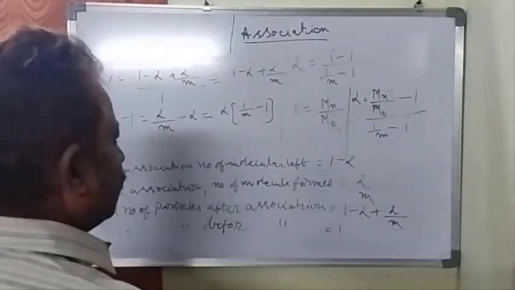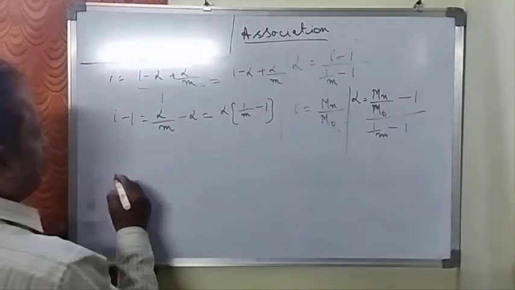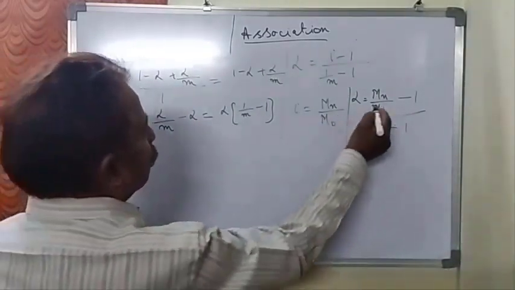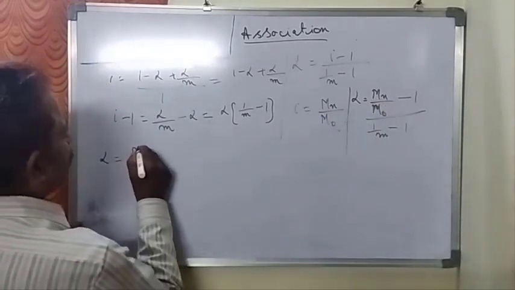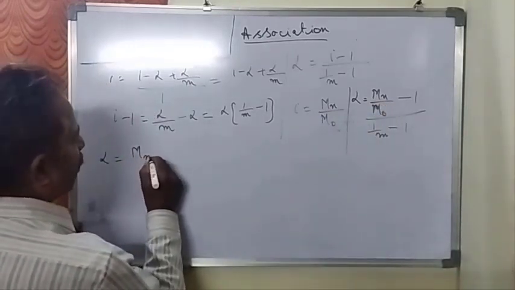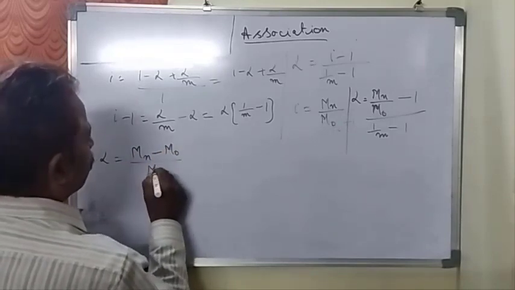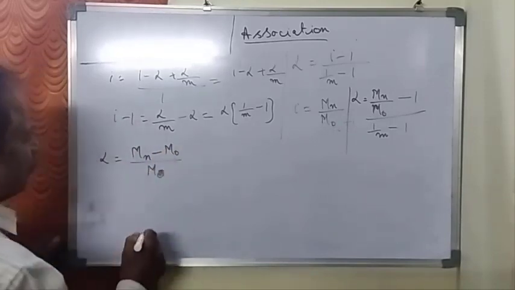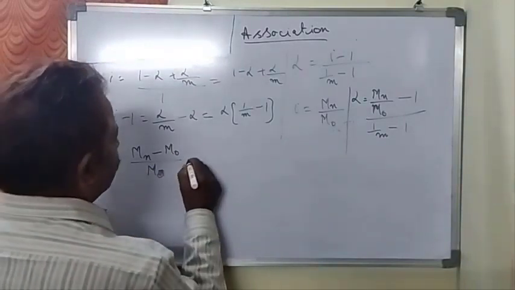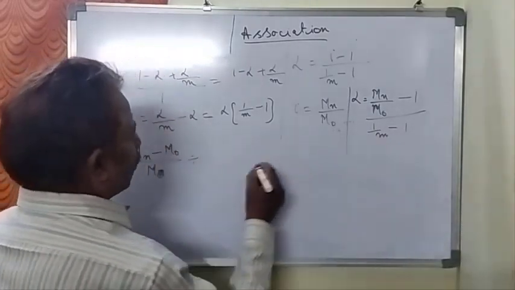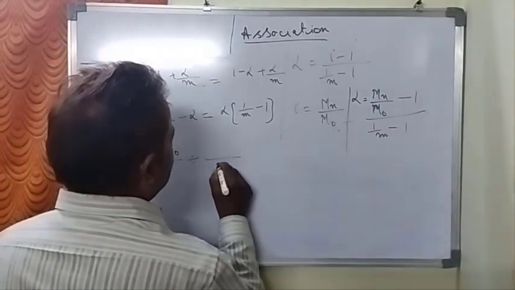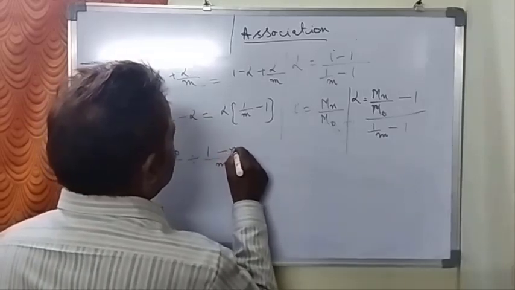If we simplify this, alpha equals Mn minus Mo by Mo, divided by, taking the LCM, 1 minus m by m.